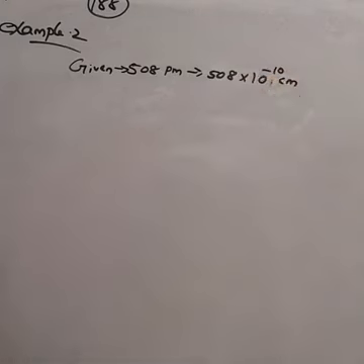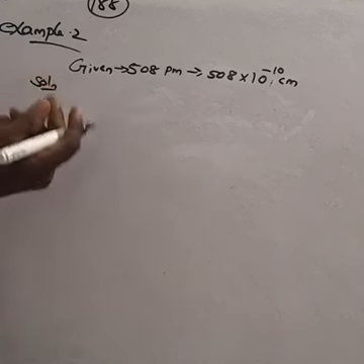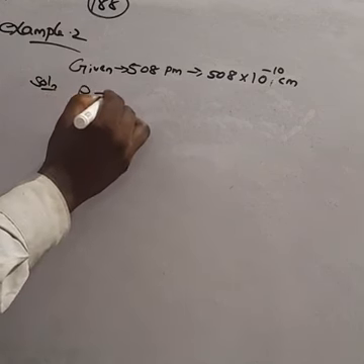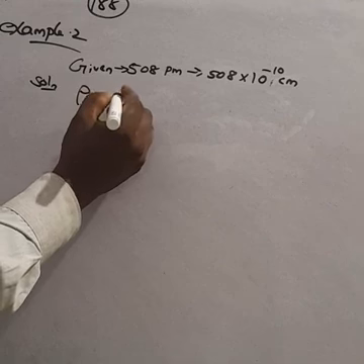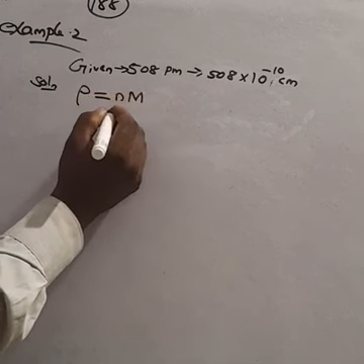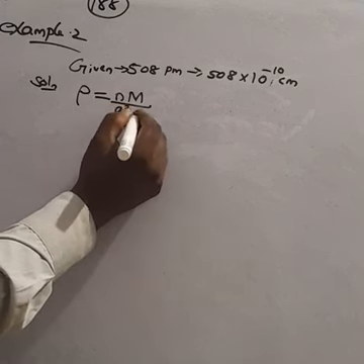Solution. We have to find the density. We just discussed the density of the unit cell: rho is equal to n capital M divided by a cube NA.